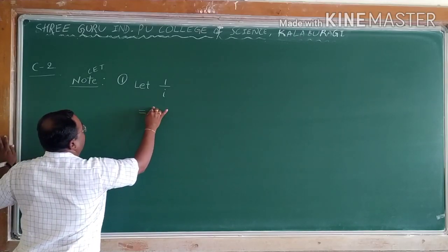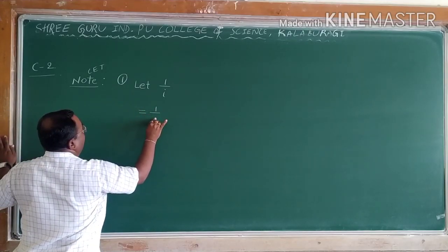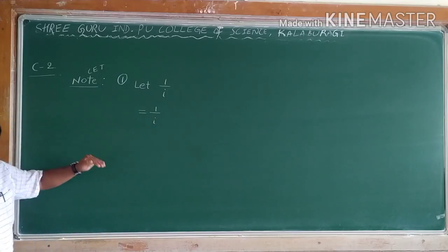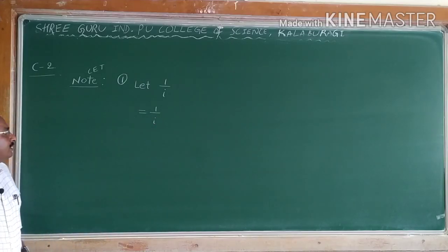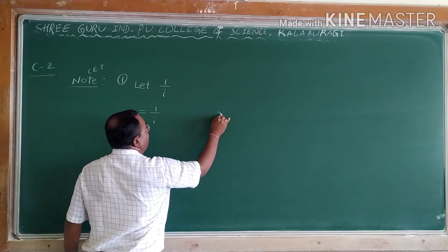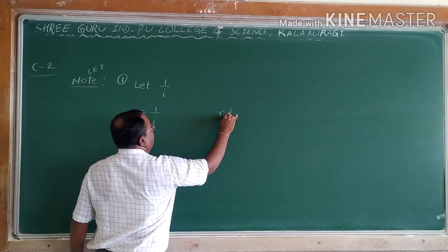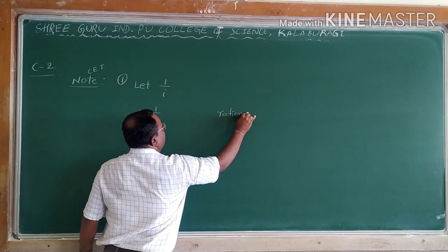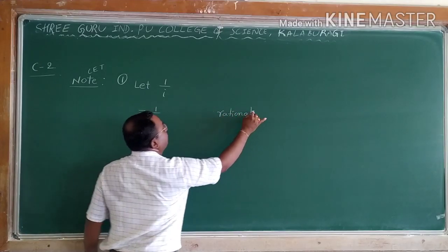1 by i, here division of complex, denominator form. Here apply rationalization.